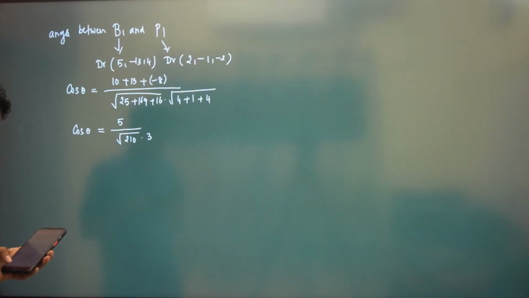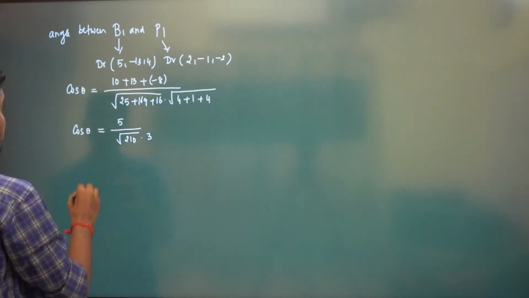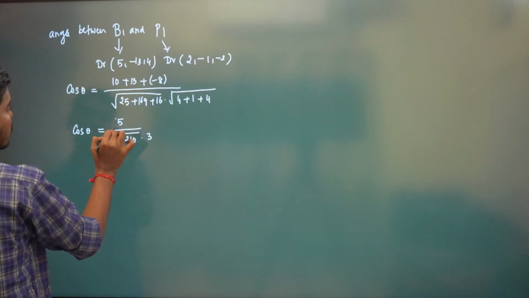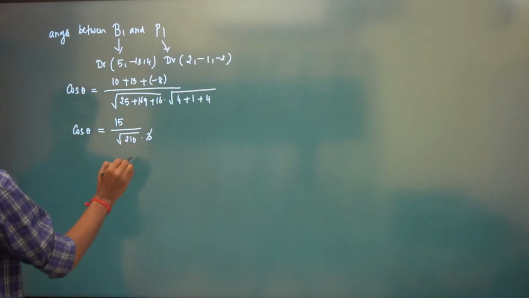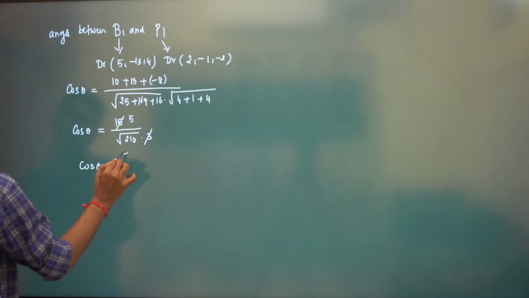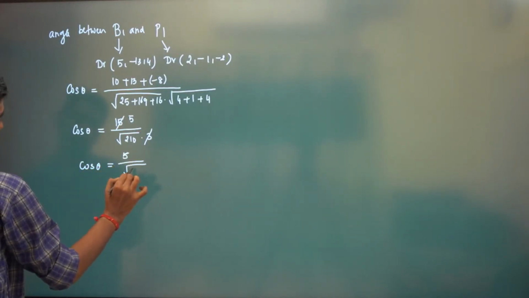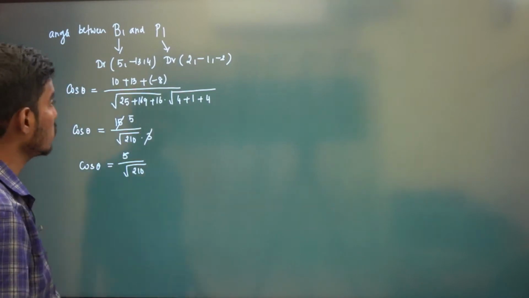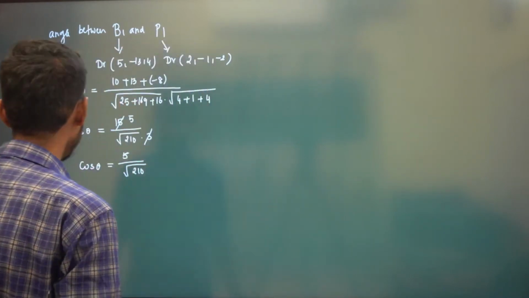Sorry, it is not 23 minus 8, this is 15. So 15 divided by 3 root 210, which gives cos theta is equal to 5 divided by root 210, right? Now you need to find tan theta. Now what is tan theta?